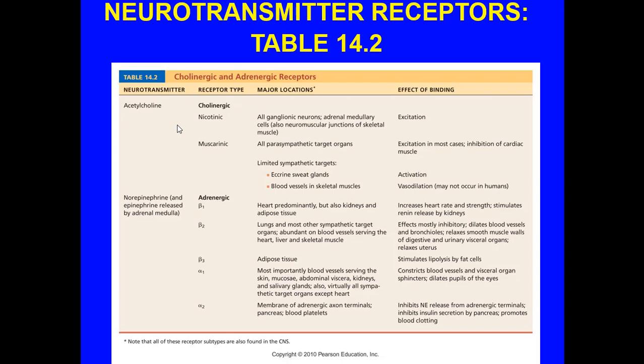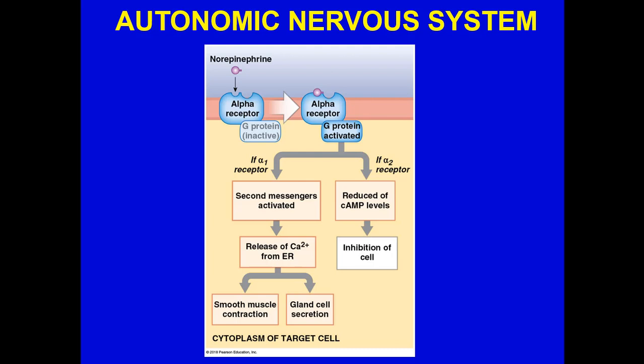You're going to notice one of the things right down here. When you have sympathetic activation, fight or flight, one of the things that activation also does is it promotes blood clotting. Well, if you're going to fight something, you want to have an advantage, and the advantage is reduction in blood loss by blood clotting better.